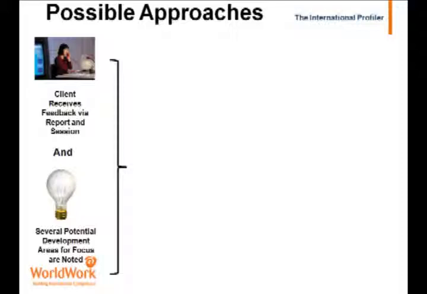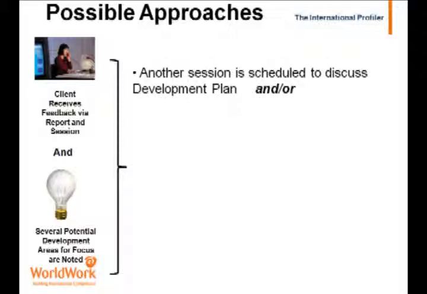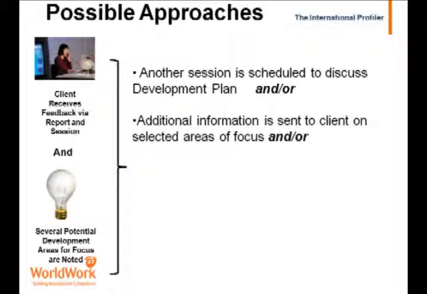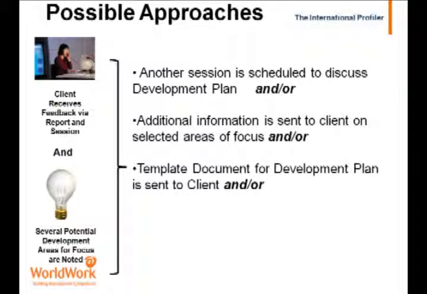A very useful aspect of this are the development plan suggestions. This is a collected list of possible actions that someone might have in their plan, and it was developed initially by the WorldWork personnel, but recently expanded considerably by a group of licensees. And finally, you'll find for each competency some training activities that can be used by an individual or group that are associated with a particular competency.